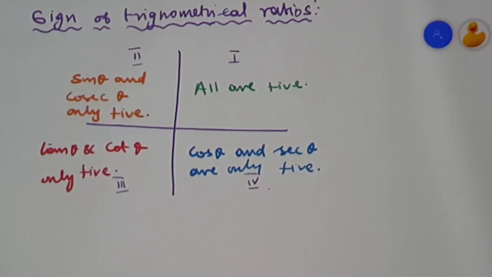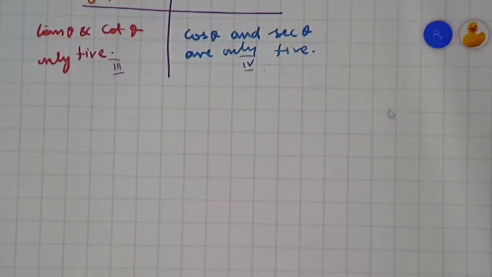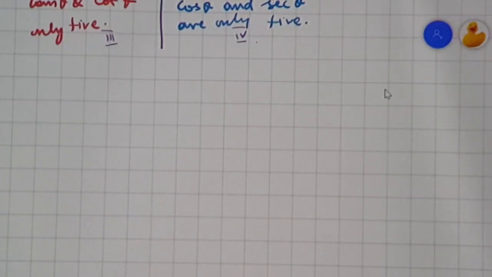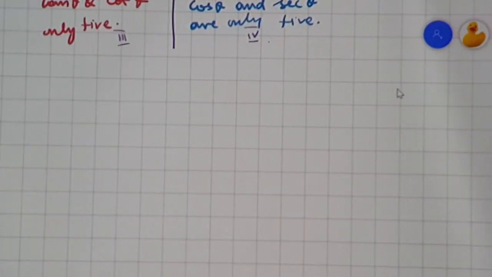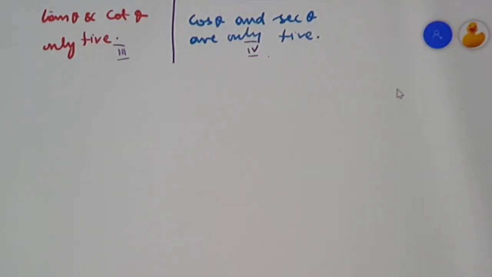After this, let us have the values of some of the angles that we can use in a regular manner. Let us draw a tabular column like this. I am considering an angle, that angle is represented as theta.